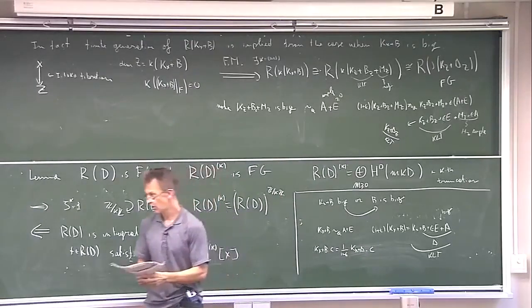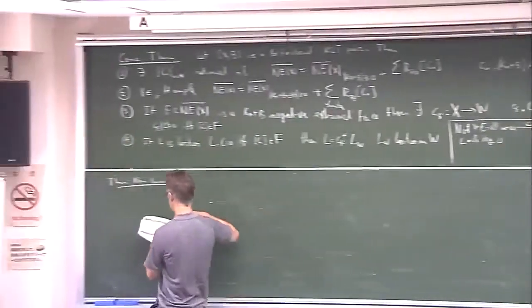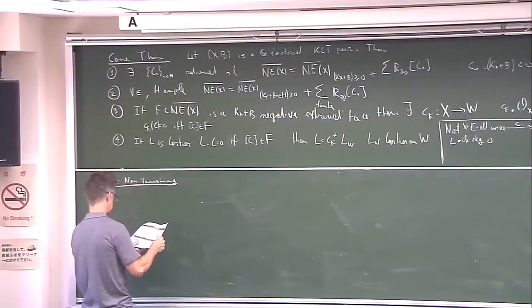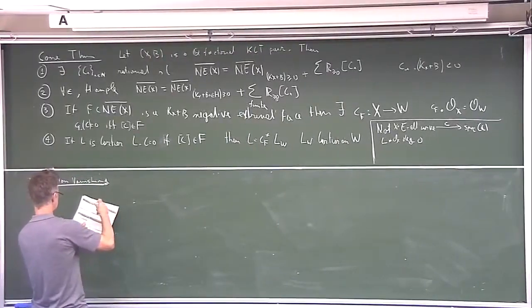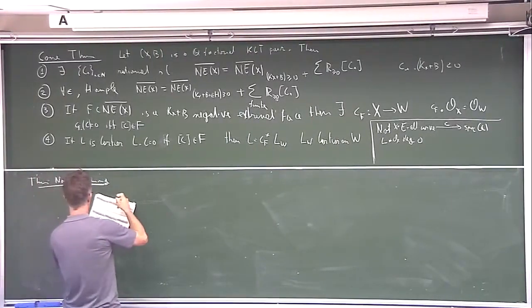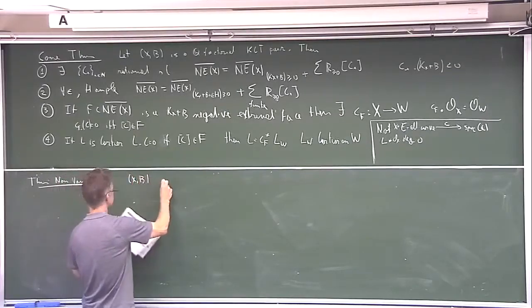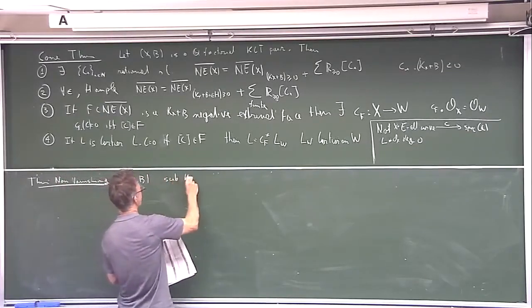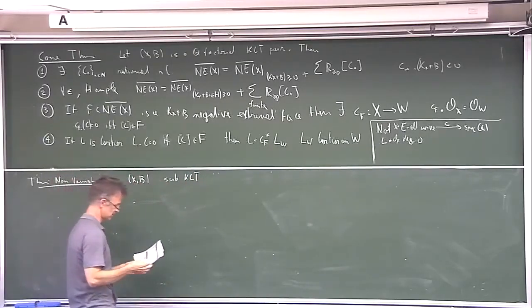Okay, so let me at least state the non-vanishing and the base point free theorem, and I just want to make a remark on how it's related to the previous result. The non-vanishing is really the first step in proving the base point free theorem. So I'm going to consider (X, B) some projective sub-KLT pair. I'm allowing B to have negative coefficients in this statement.